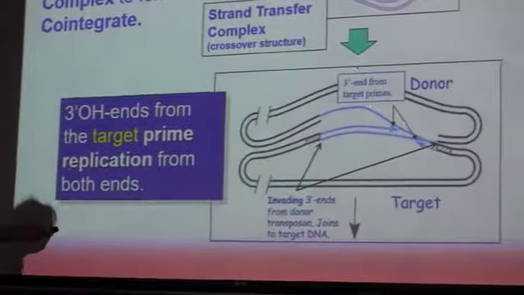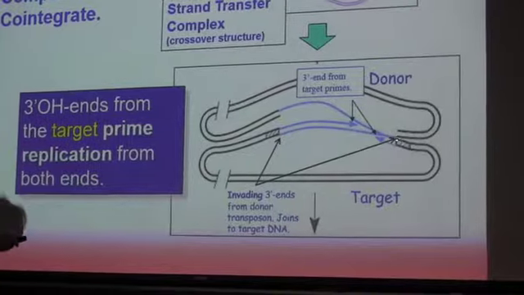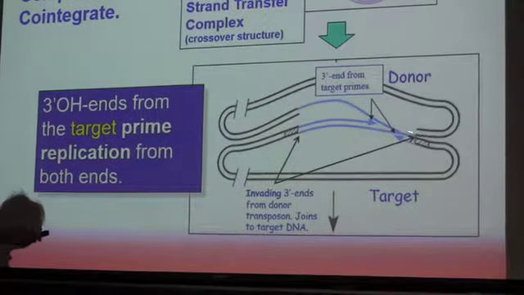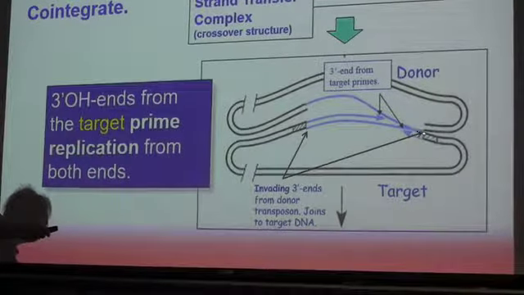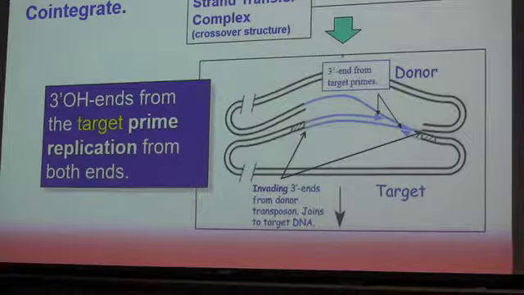So let's see if we can see this. That 3' end attacks and covalently joins itself to the target. And the other, that's one, and then the other side of the donor is this line, which should be in black. That physically attacks the other side of the cut and joins the target.